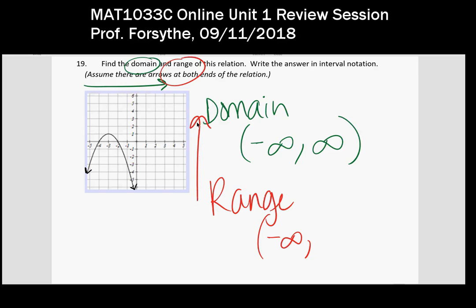See, I drew my arrow too far. It doesn't go this far up. It goes all the way and stops right there because your graph stops there. So it's going to go all the way to 1, but there is a point on the graph at 1, so we're going to use a bracket.